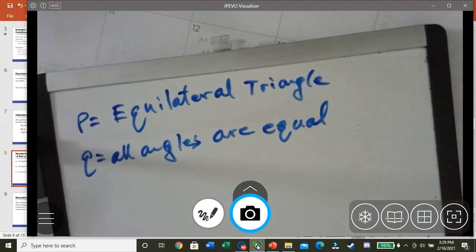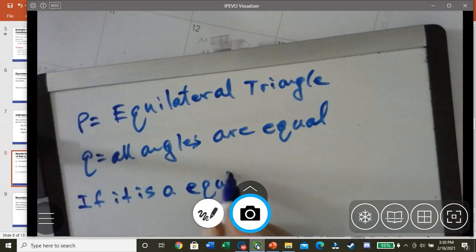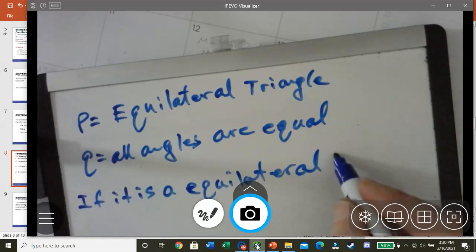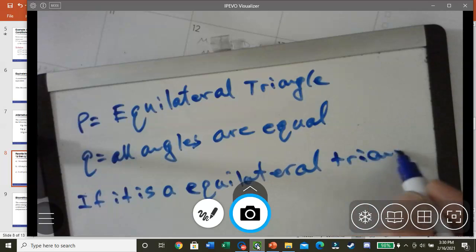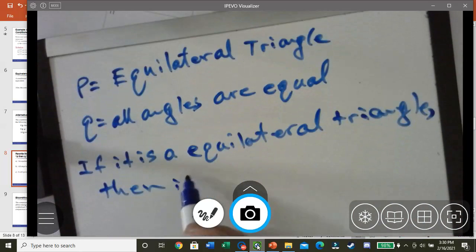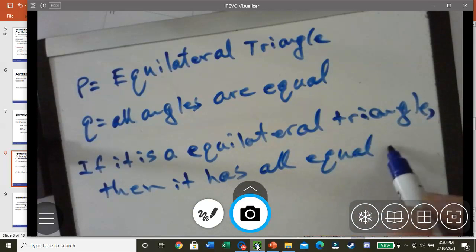So you could write this as if it is an equilateral triangle, comma, then it has all equal sides.